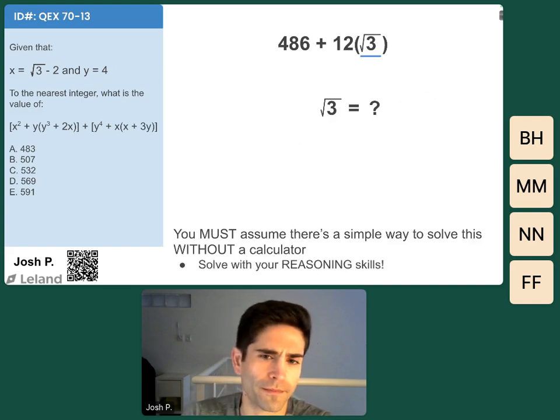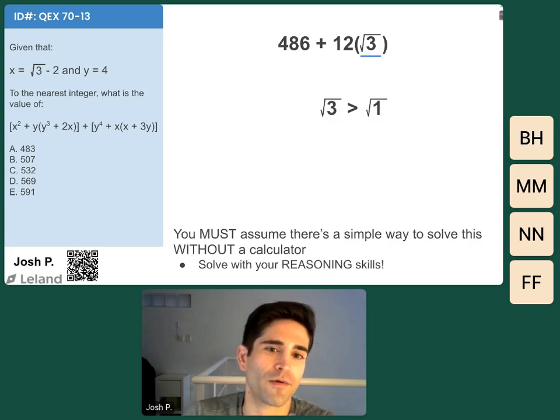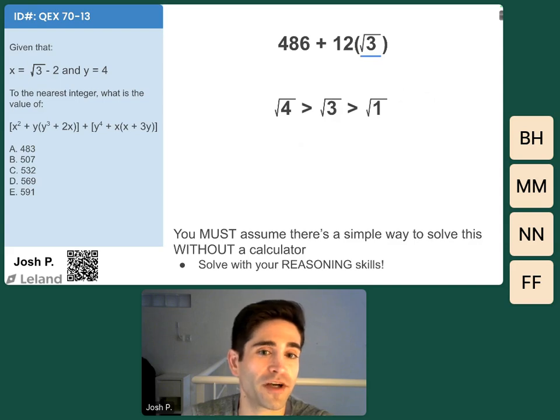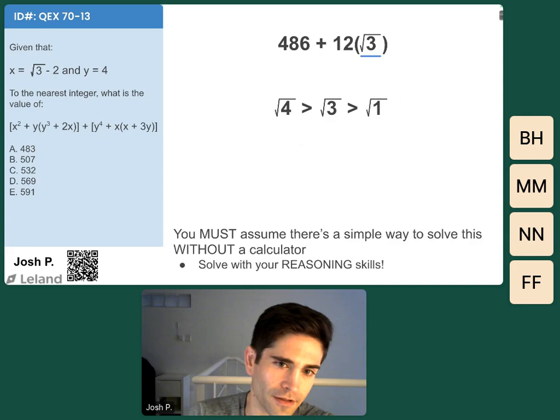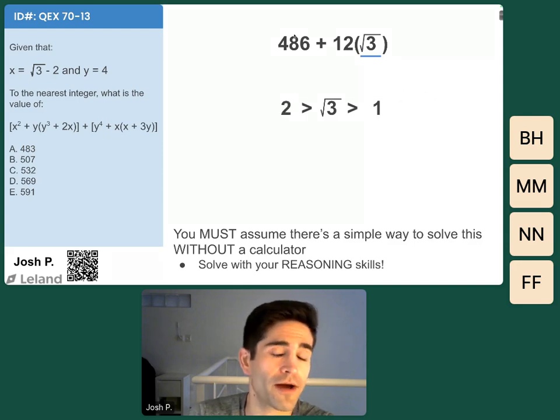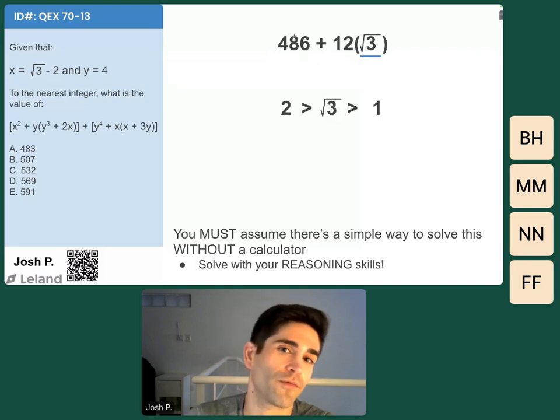We know that square root 3 must be greater than square root 1. And we know that square root 4 must be greater than square root 3. So we know that 2 must be greater than square root 3, which must be greater than 1.